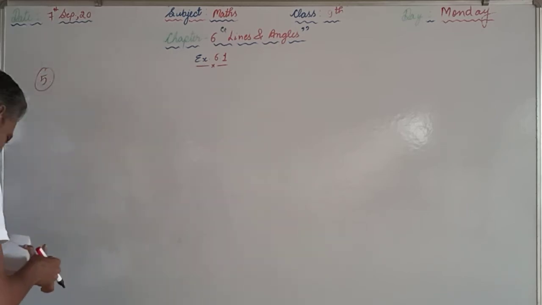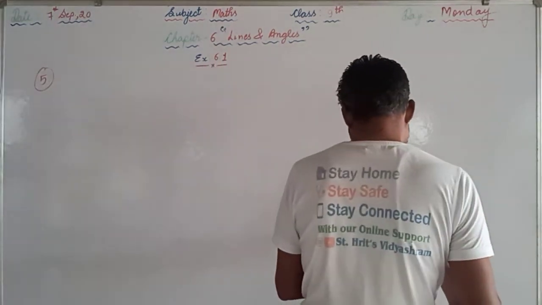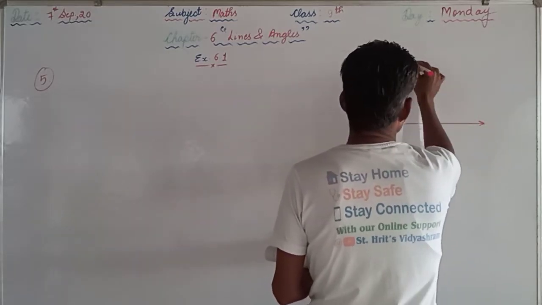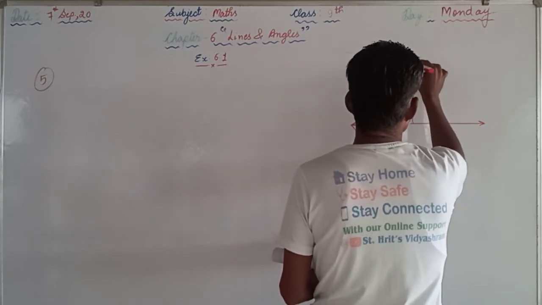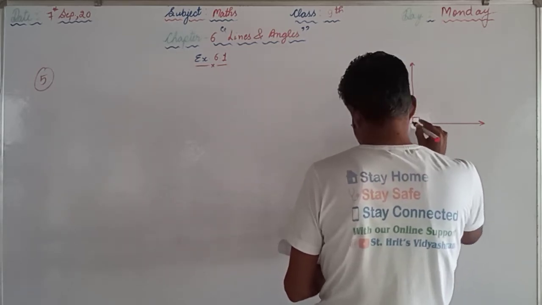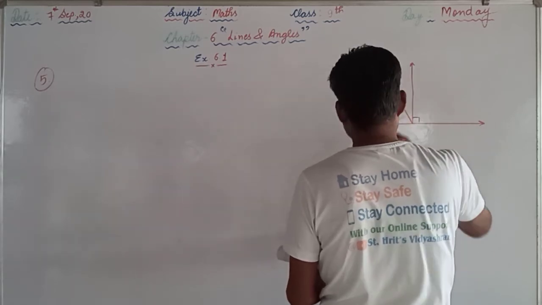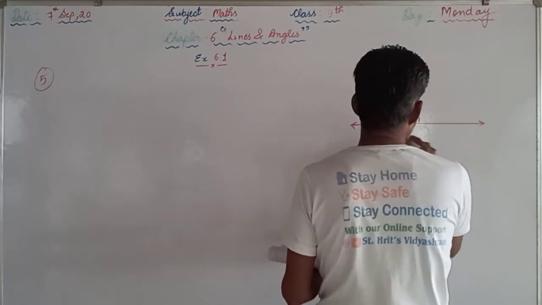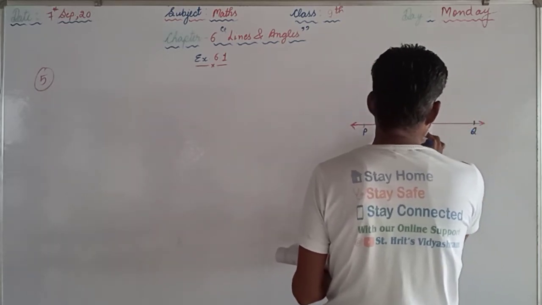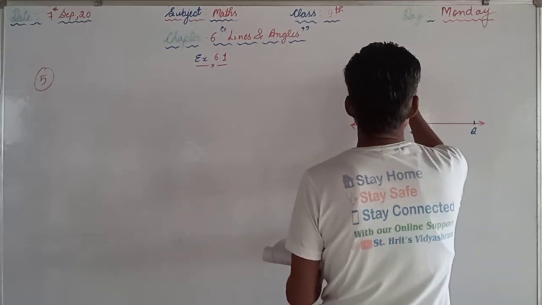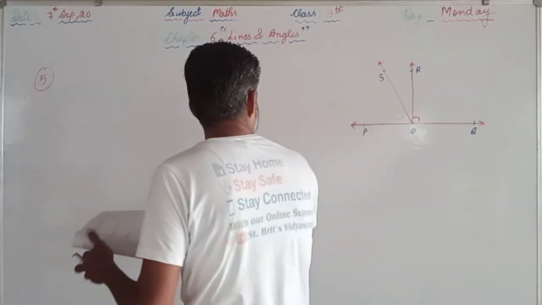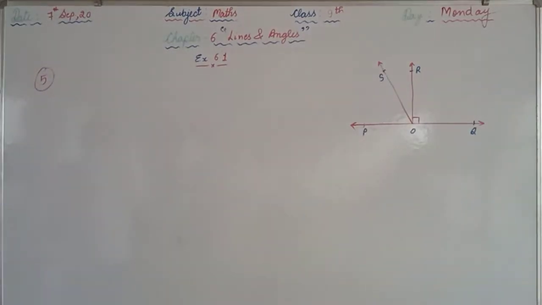Number 5, and the figure is given like that. Such a type of figure is given, and we should read the question as well.